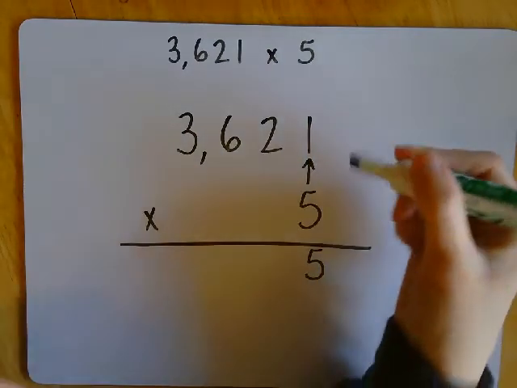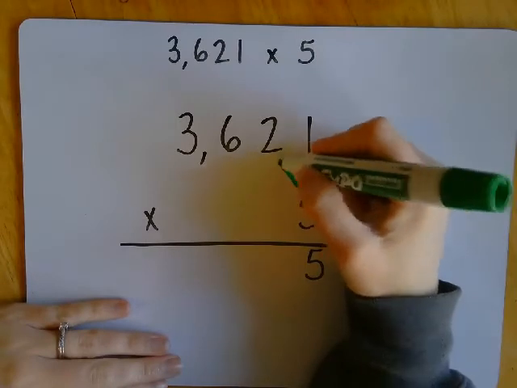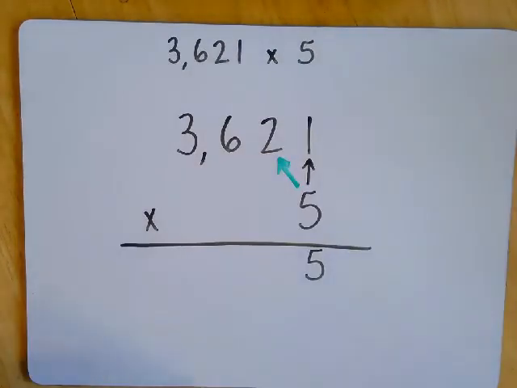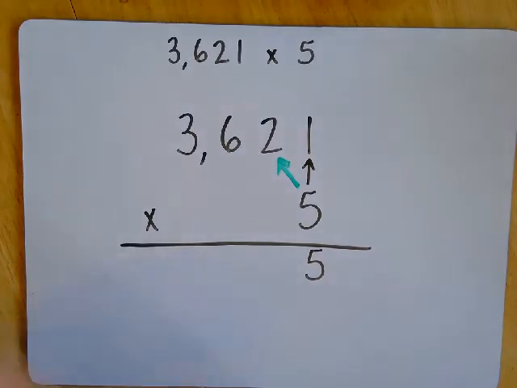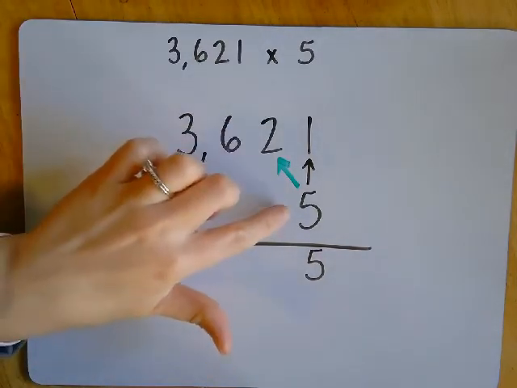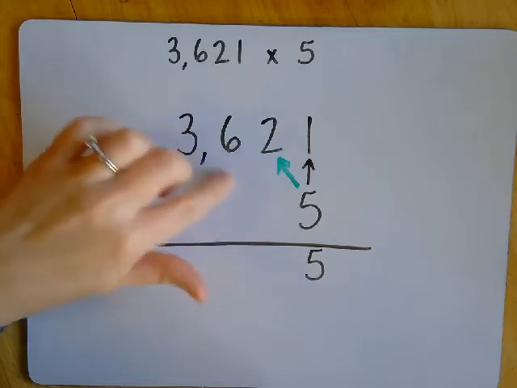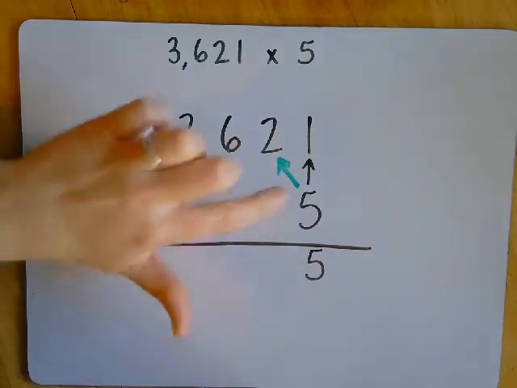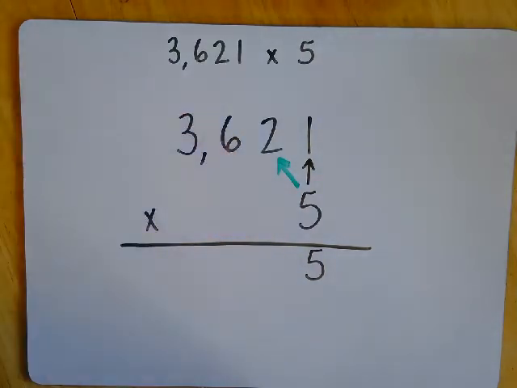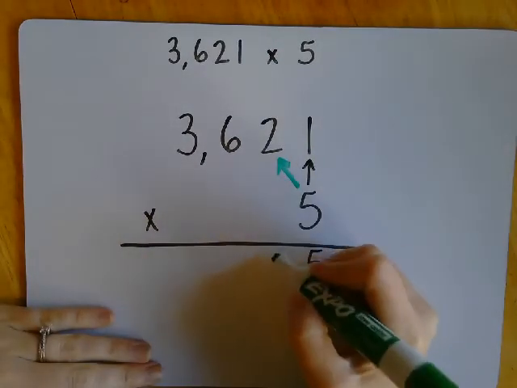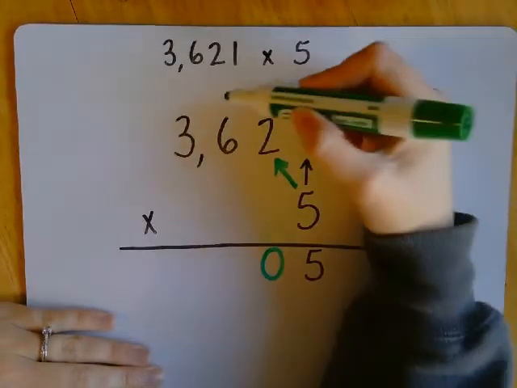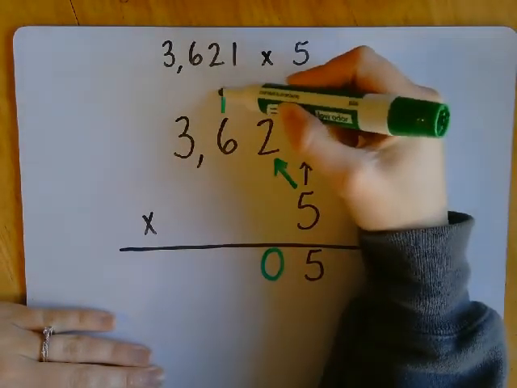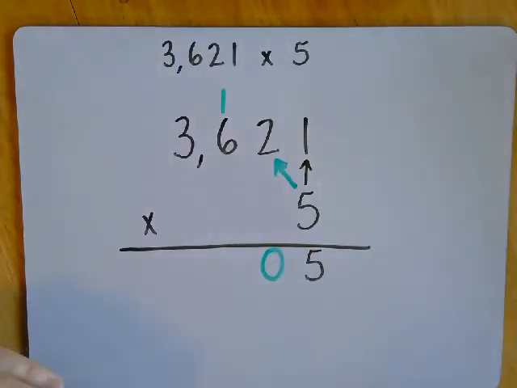Next, I'm going to multiply 5 times 20. Remember, when we do the standard algorithm, you can think of these as single digits, just as long as you know that these are different place values, obviously. So if I think of this as 5 times 2, I know that 5 times 2 is 10. The 0 stays here, and the 1 goes above the hundreds place.